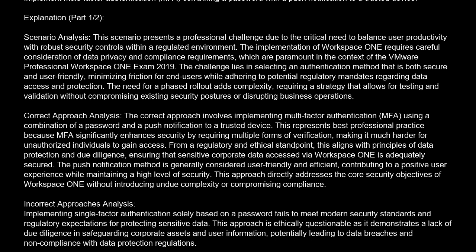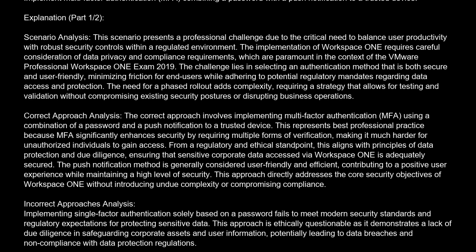From a regulatory and ethical standpoint, this aligns with principles of data protection and due diligence, ensuring that sensitive corporate data accessed via Workspace ONE is adequately secured. The push notification method is generally considered user-friendly and efficient, contributing to a positive user experience while maintaining a high level of security. This approach directly addresses the core security objectives of Workspace ONE without introducing undue complexity or compromising compliance.